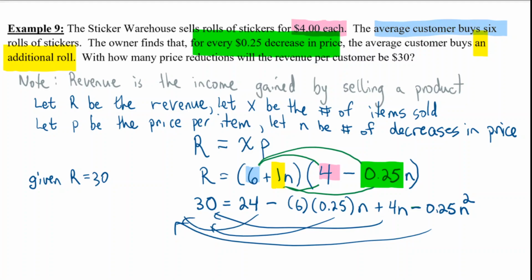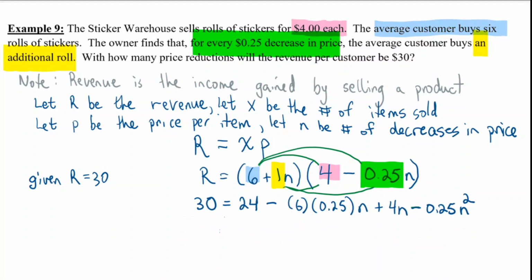And the reason why I chose that is because I just like to have the coefficient in front of the n squared term as a positive. It's not required, but it's just something I like to do. So you could still solve it the other way. All right, by bringing everything over, that negative 0.25n squared on this side turns into 0.25n squared, so the positive.